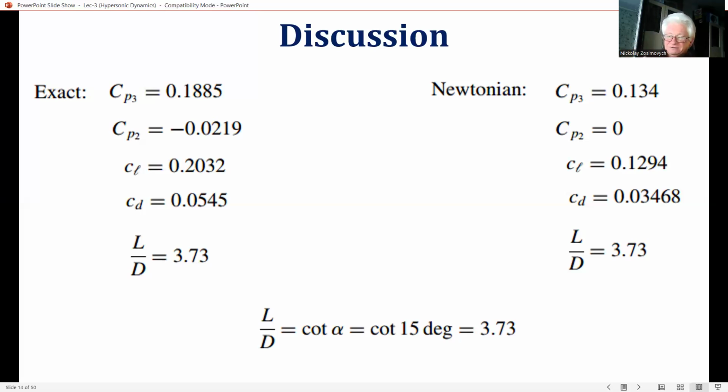We discussed this, as you remember, at the end of the previous lecture. From this lift to drag equation, we can write L over D as cotangent alpha, cotangent of 15 degrees, which gives us 3.73. Right?